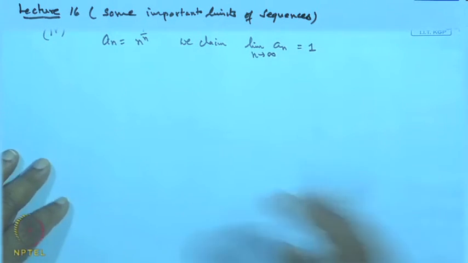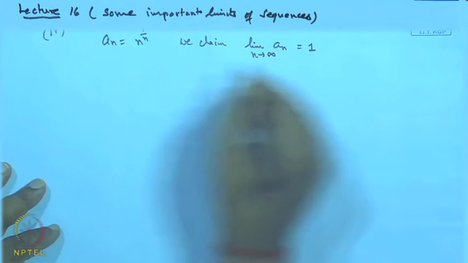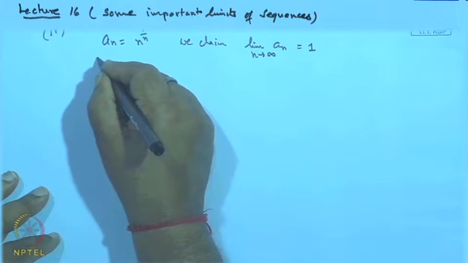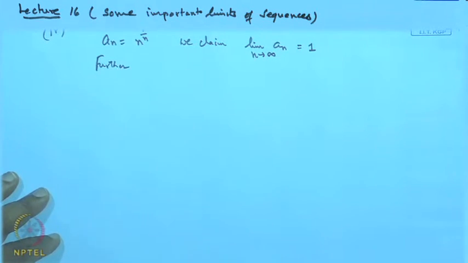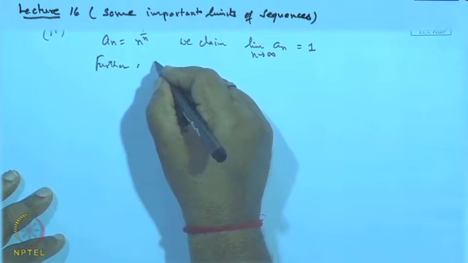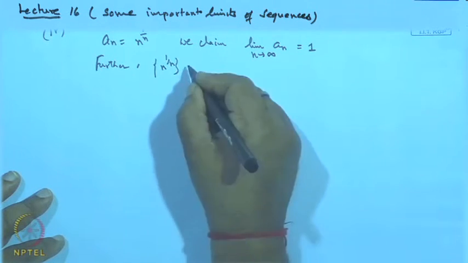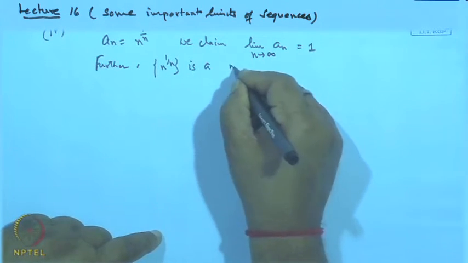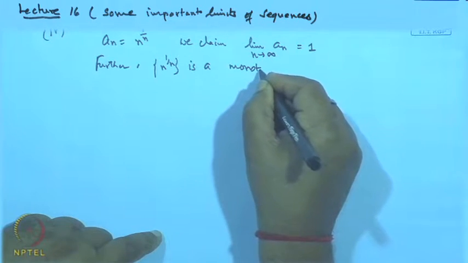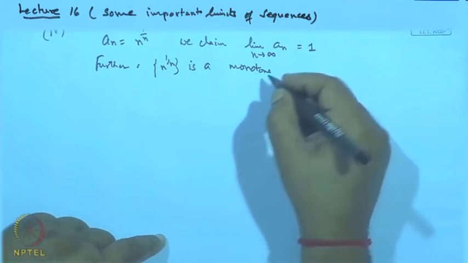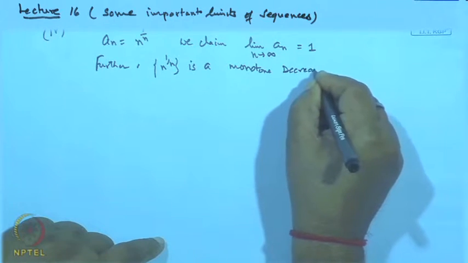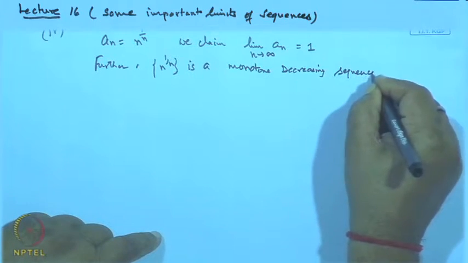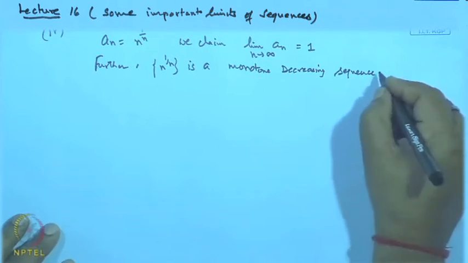So, first we claim that the sequence n to the power 1 by n is a monotone decreasing sequence.